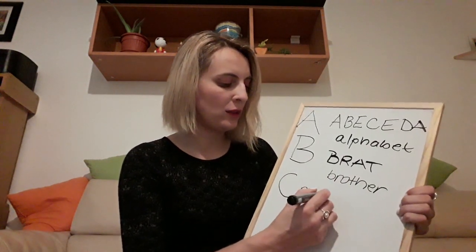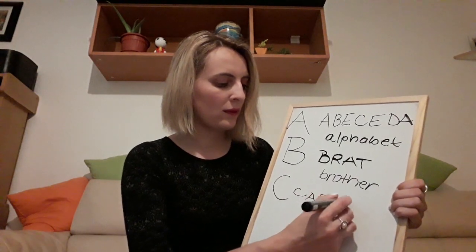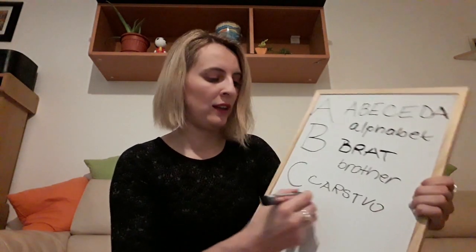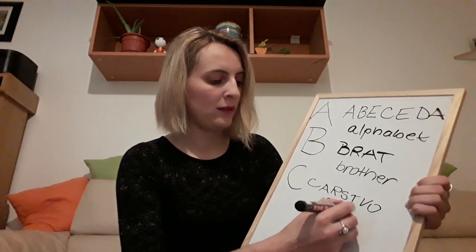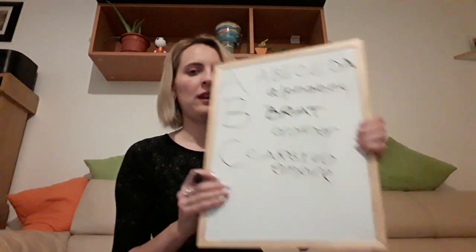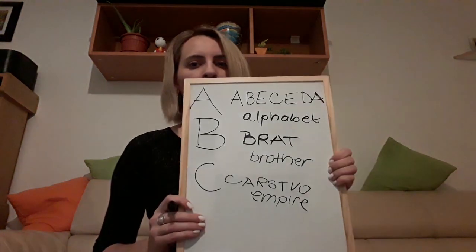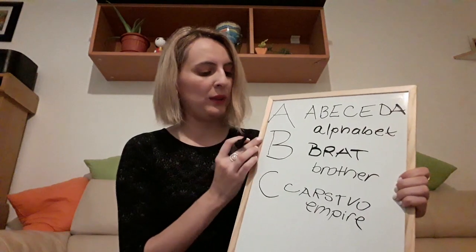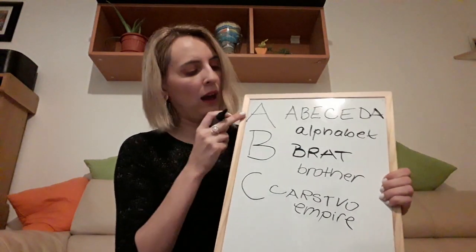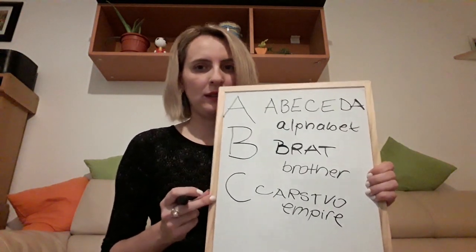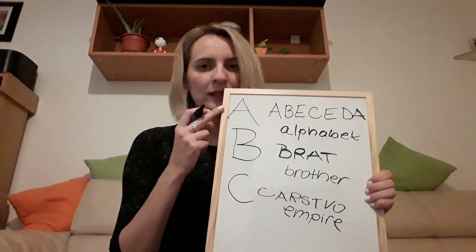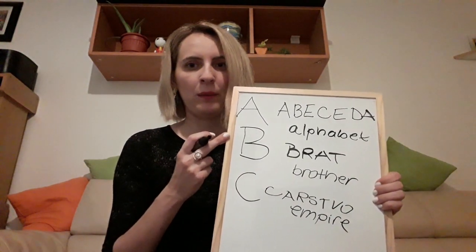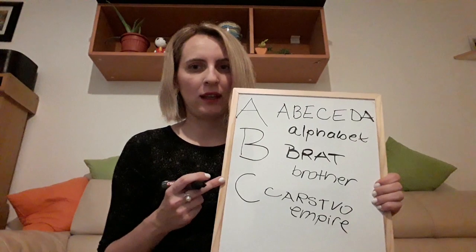So carstvo will be empire in English. Empire. Okay, so now we know A, B, C. A, abeceda, B, brat, C, carstvo.